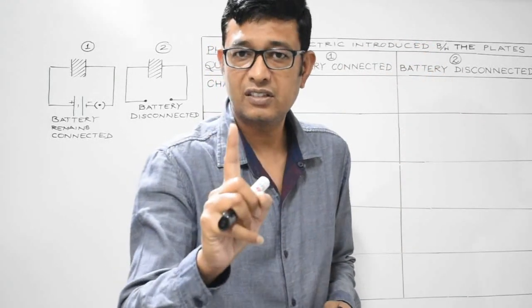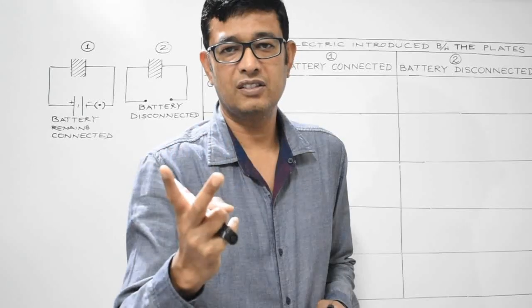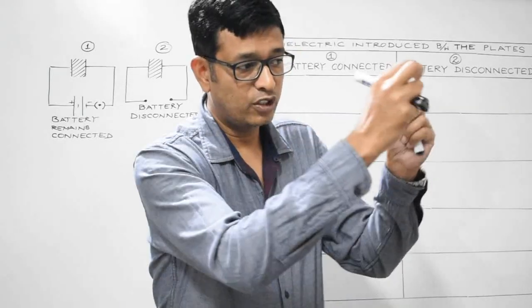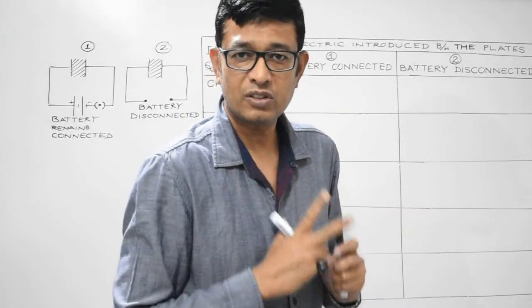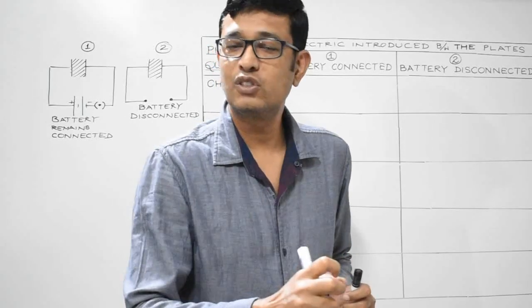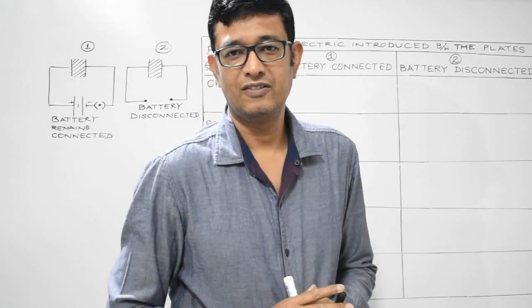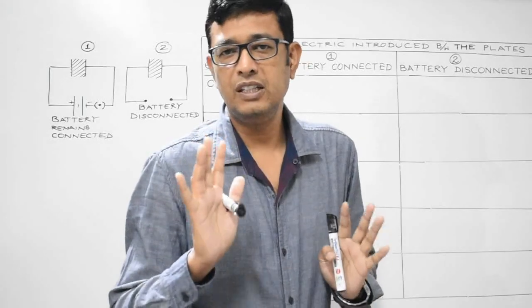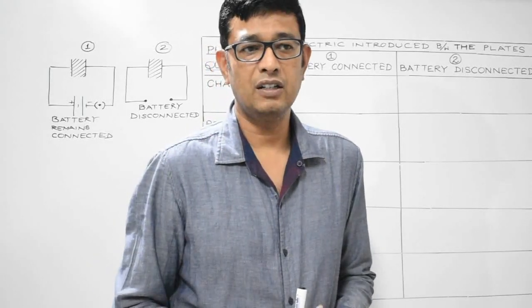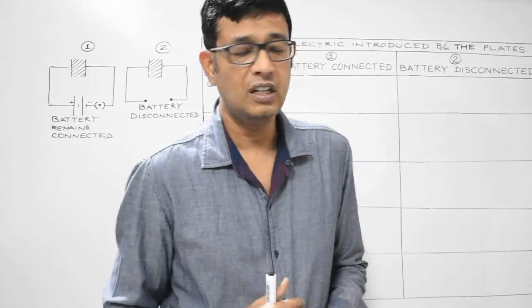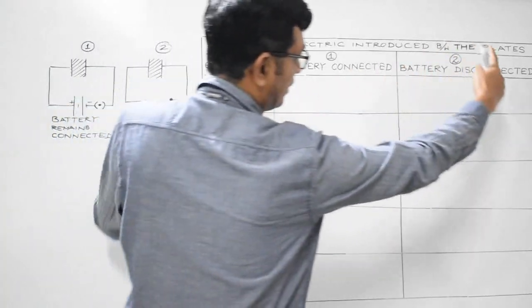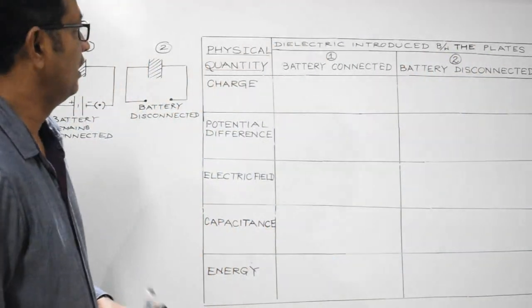We will discuss this scenario in two cases: when the plates of the capacitor remain connected to a source and when the external source is disconnected, right? This is a very important topic, and we need to understand the concept first, and then we will try to complete this particular table, right?